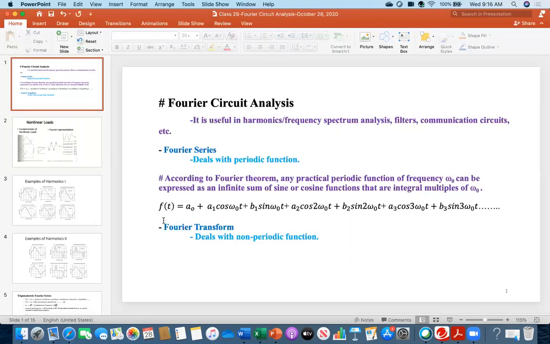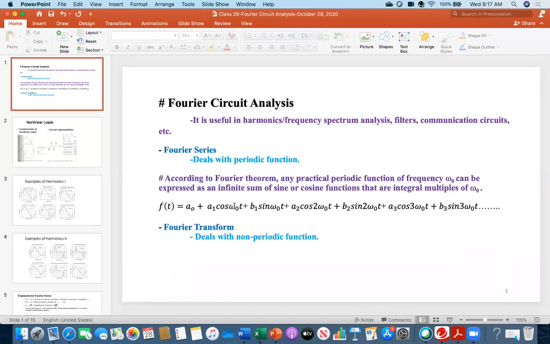So this means you are analyzing a periodic function, and then you are getting all of those terms: cosine components, sine components, fundamental frequency, higher order frequency, plus DC. Now, for example, you want only this signal.